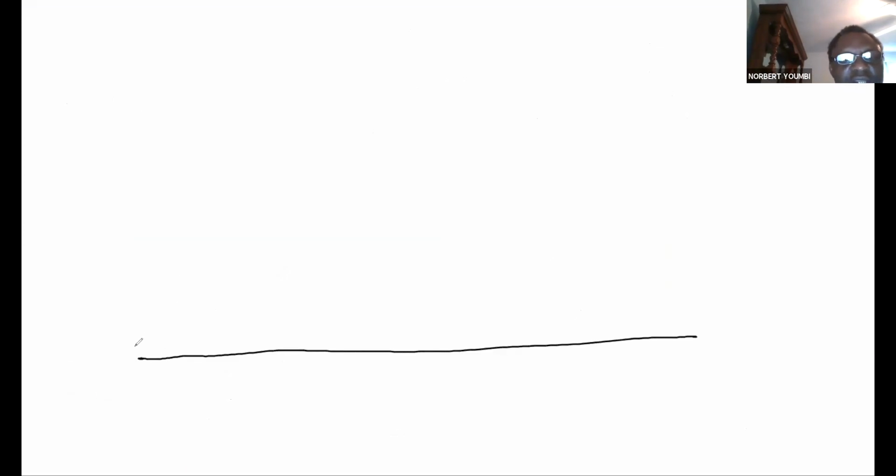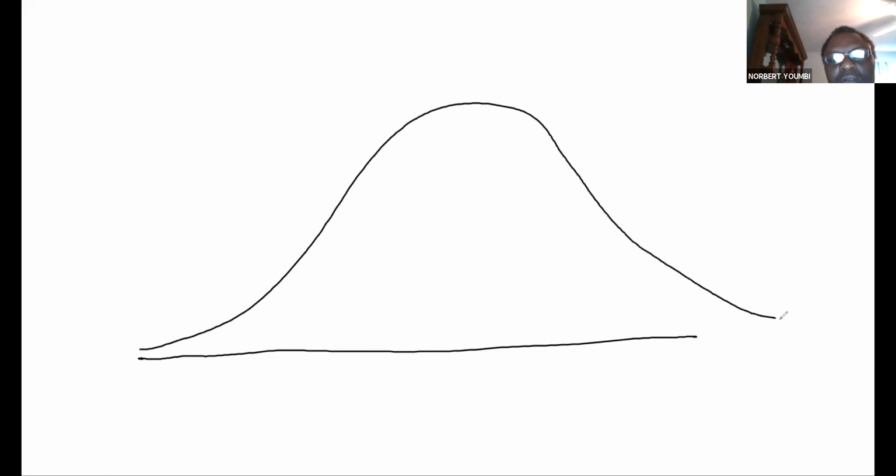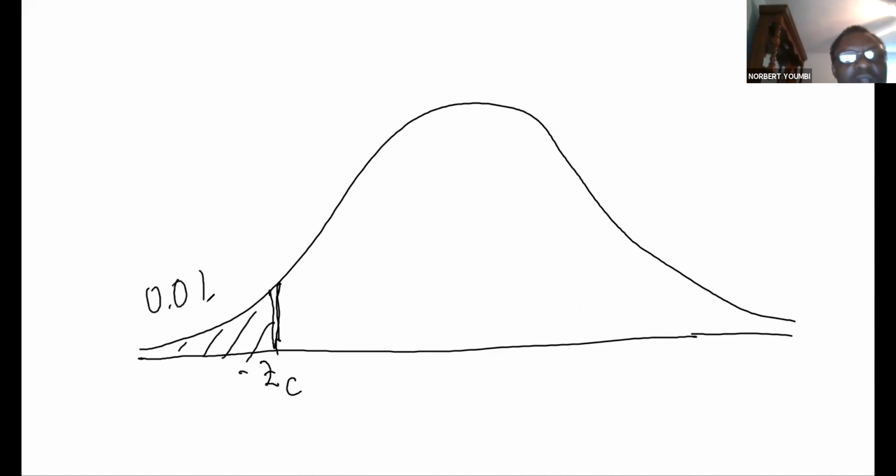Suppose it is a left-tailed test, and we want to determine the value of z here, which is minus zc, and this area is 0.01. Then we will go to the table and look for this area.